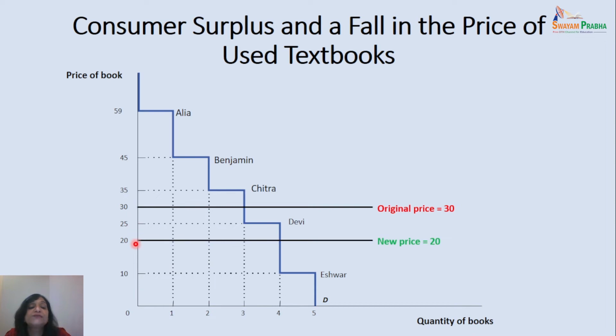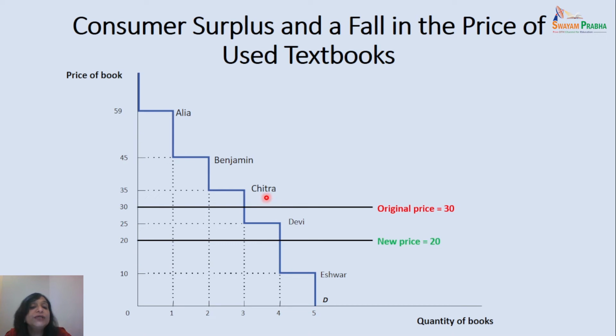The price has fallen from 30 to 20, which means she will also buy this product, and her consumer surplus will be how much, learners? It will be 25 minus 20, that is her willingness to pay minus the new price. 25 minus 20 means 5 rupees will be Devi's consumer surplus.